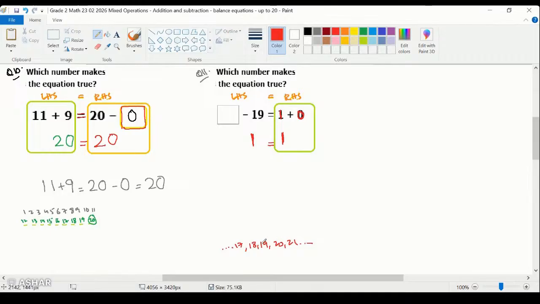If we say 19 plus 1 is 20, right? Then 20 minus 19 would be 1 as well. Agreed? So we can say 20 minus 19 is equals to 1 plus 0, and they both are equals to 1.